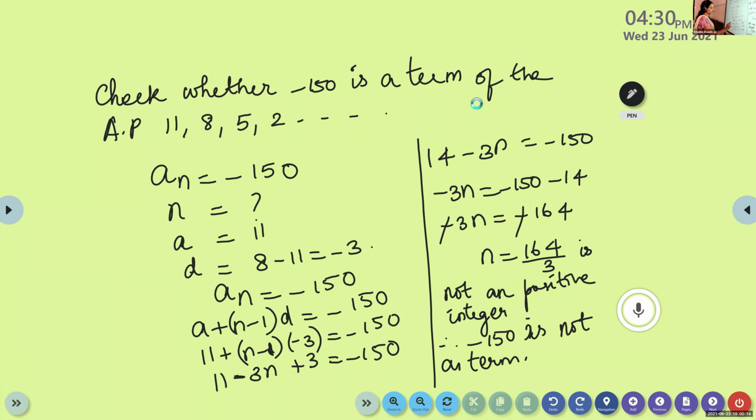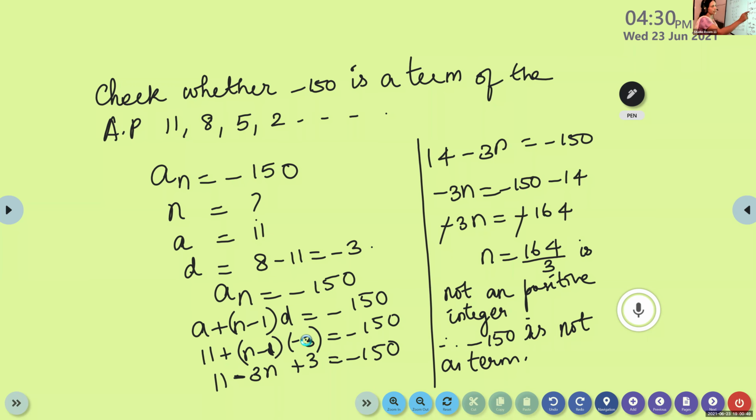We start with an. An is a plus n minus 1 into d, which is negative 150. A is the first term, 11, and the common difference is minus 3. Open the bracket: 11 minus 3n plus 3 equals negative 150. 11 plus 3 is 14, so 14 minus 3n is negative 150.